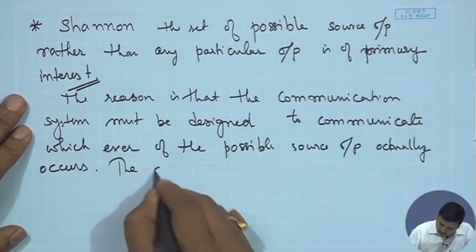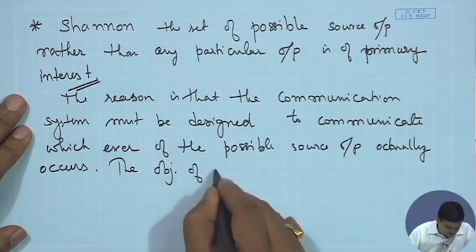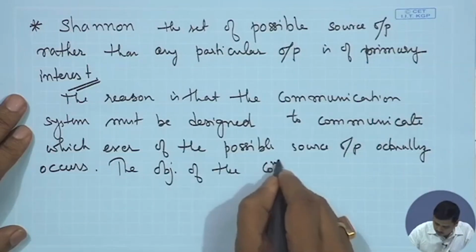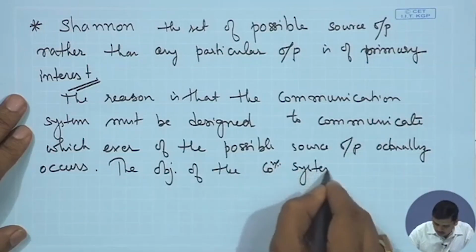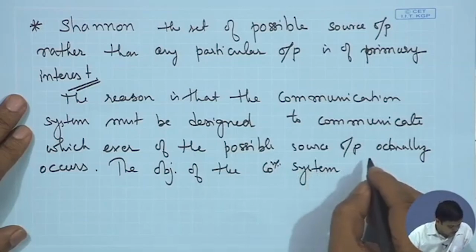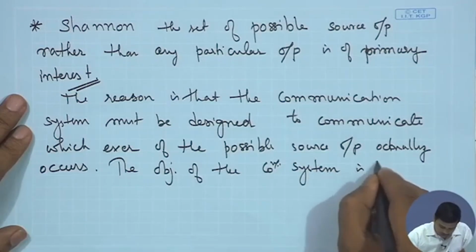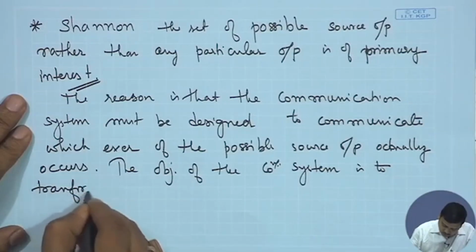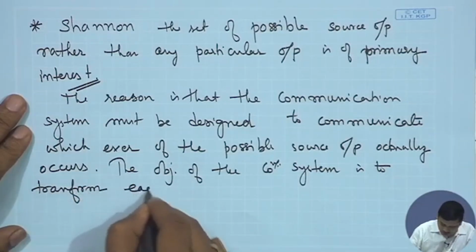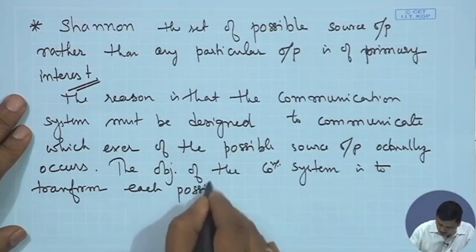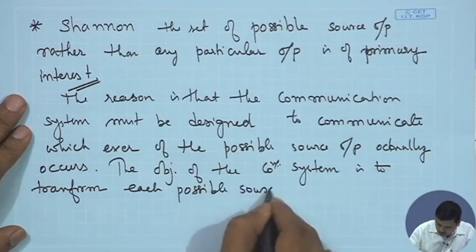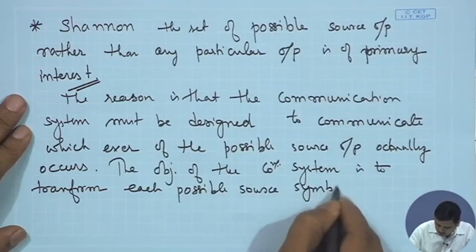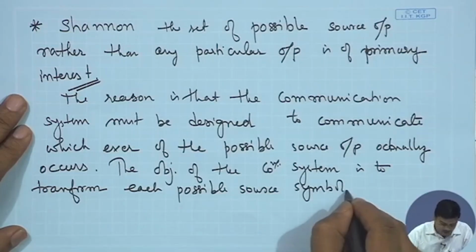And then we can write the objective of the communication system is to transform each possible source symbol. This is what we have stated earlier, but we are refining it.